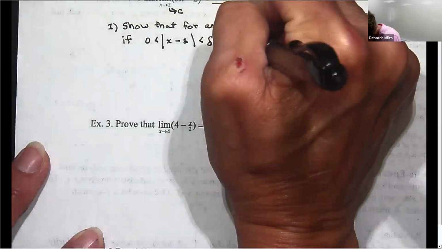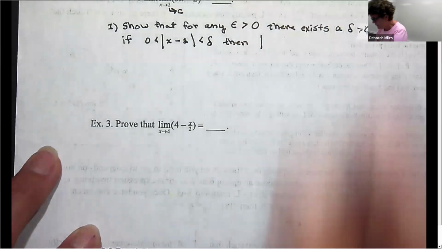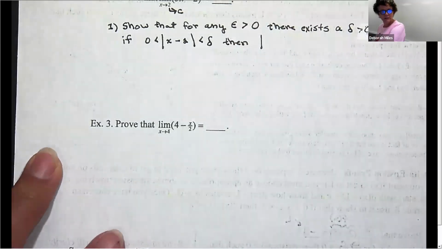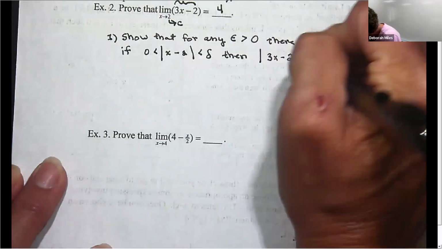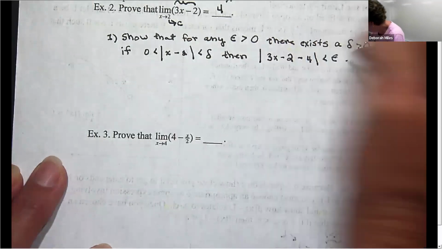Then the distance between f of x, what do we put in place of f of x? 3x minus 2, minus L, will be less than epsilon.